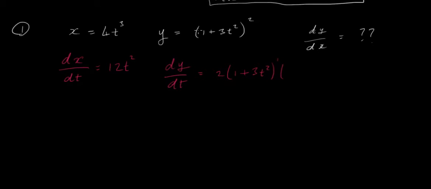That will give me 0 plus 6t, so just 6t. Let's simplify that. 2 sixes are 12, so that gives me 12t times (1 plus 3t squared). So I have dx dt, I have dy dt.